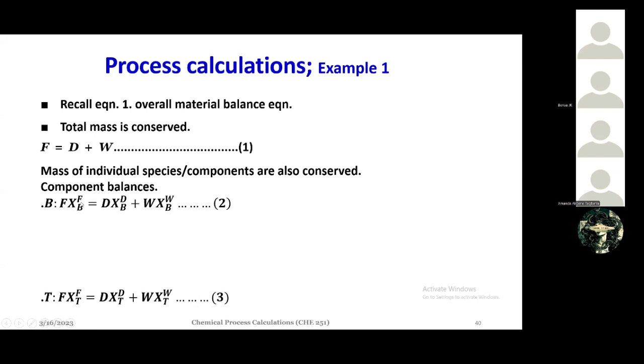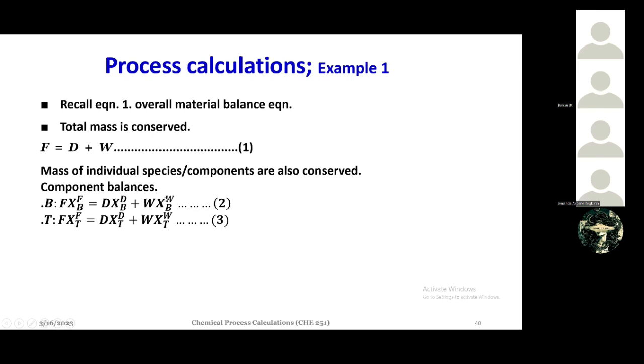We do the same for the toluene. Our F, the feed, times the mass fraction of toluene in the feed should be equal to the distillate flow times the mass fraction of toluene in the distillate, plus the bottoms flow times the mass fraction of toluene in the bottoms. Now we realize that you have three different equations.